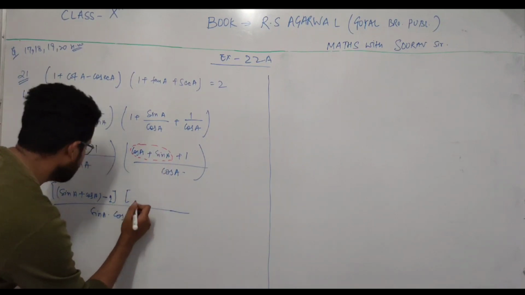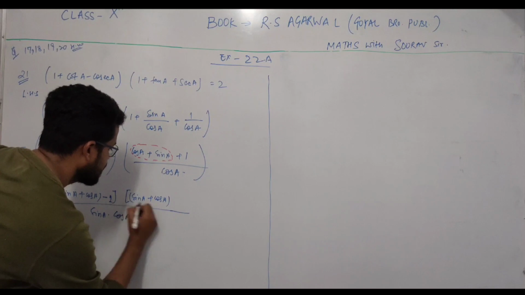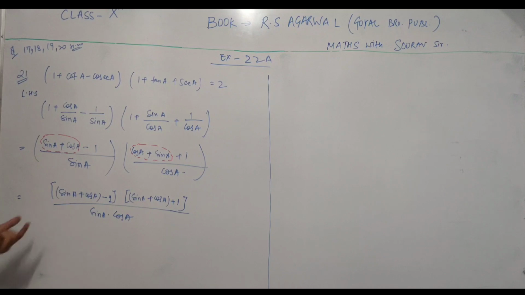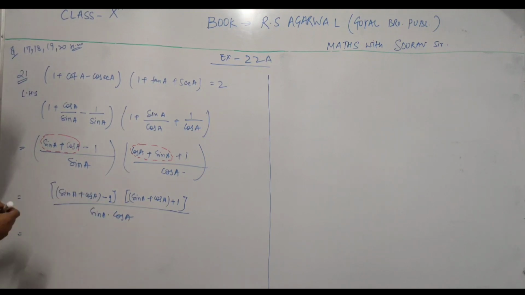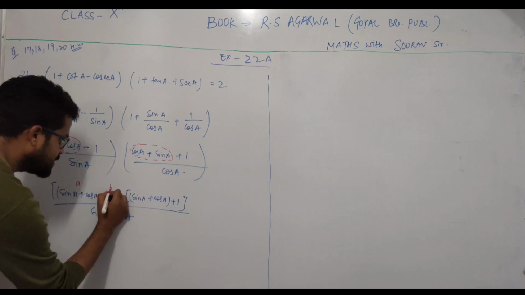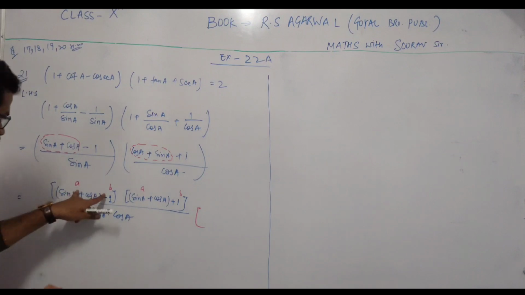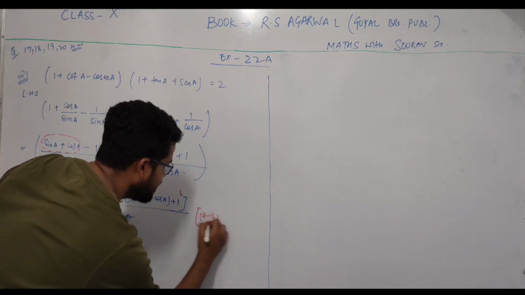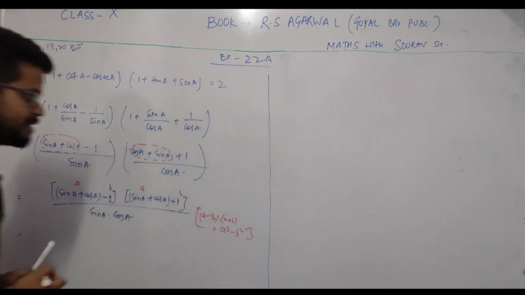Again I write similarly, sin A plus cos A plus 1. Again this is a whole quantity. If I treat this as A and this as B, this is A minus B and this is A plus B, and I write this as A square minus B square.